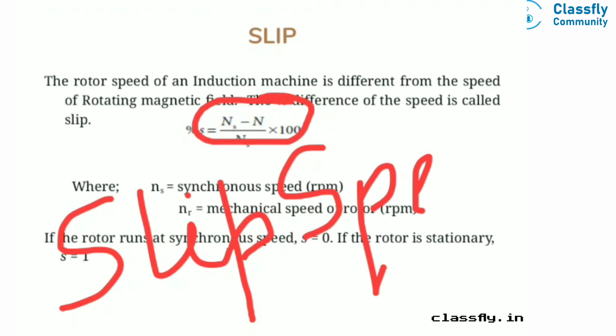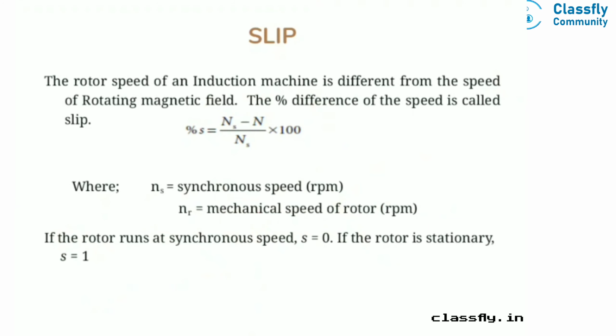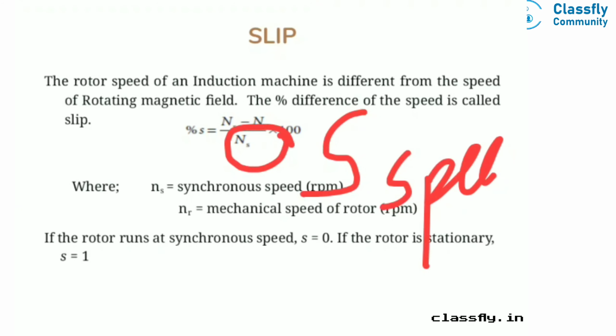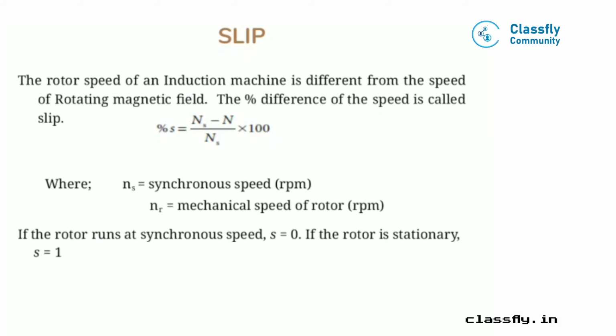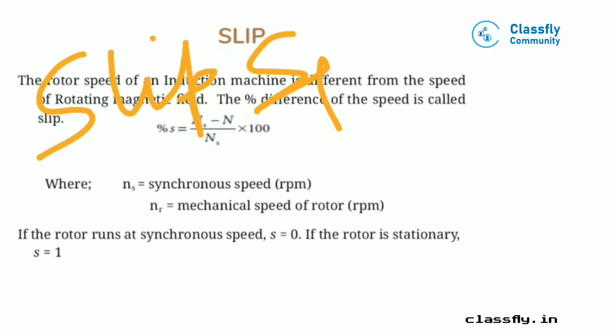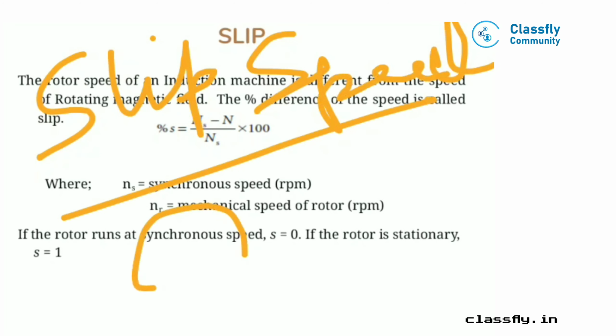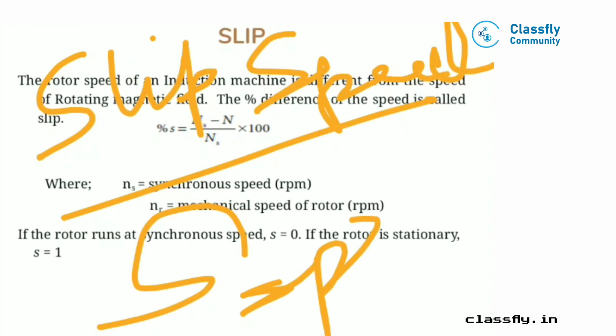The numerator here will be the slip speed, and the down part is the synchronous speed. So the slip is the ratio of the slip speed by our synchronous speed.